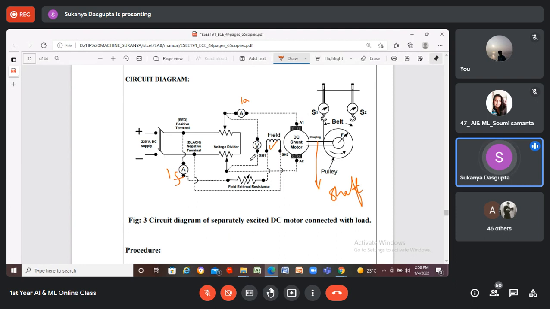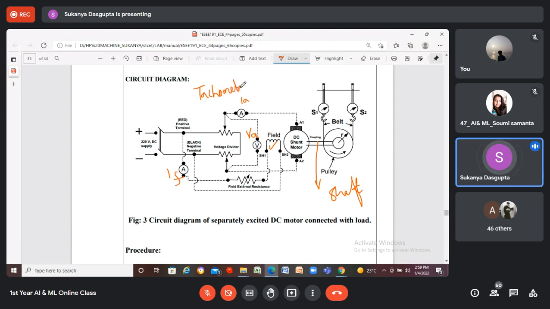And there is a voltmeter connected across the armature windings, across the DC motor, which will measure the armature voltage VA. Right? And definitely these belt pulley systems are required, which will be acting like a load circuit for this experiment. And a tachometer is required. Tachometer measures the speed.